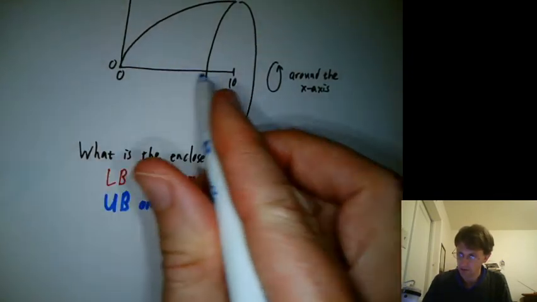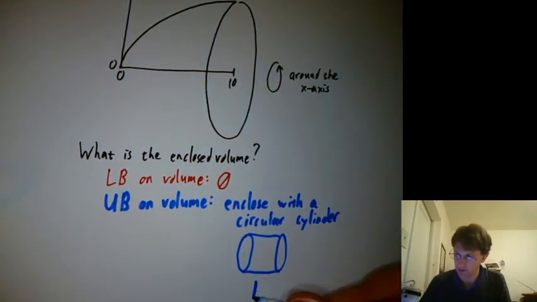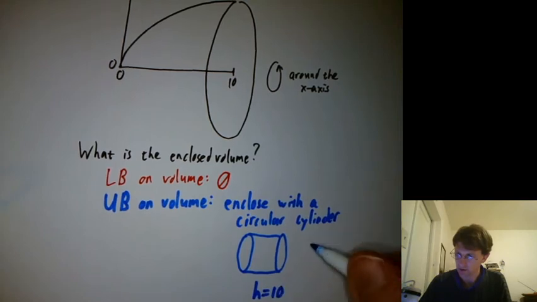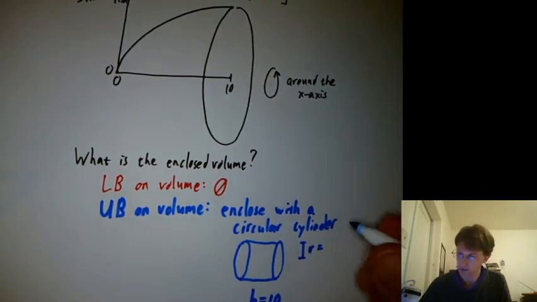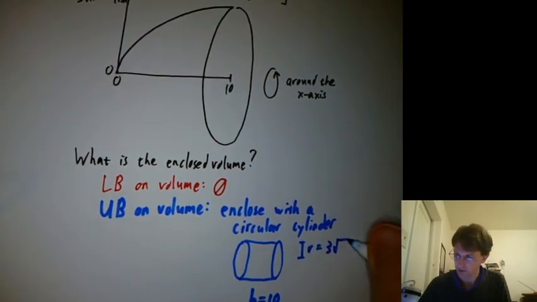And what are its dimensions? Well, it would seem to have a height of 10 and a radius of 0 to 3 root 10. So 3 root 10 or 9-ish.